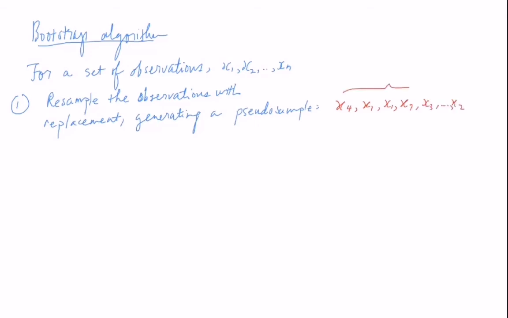Okay, but the length is still n. It's the same length as the length of your original set of observations, right? Okay, then basically it's just resampling.